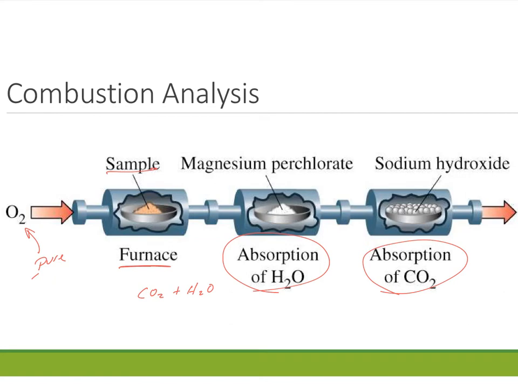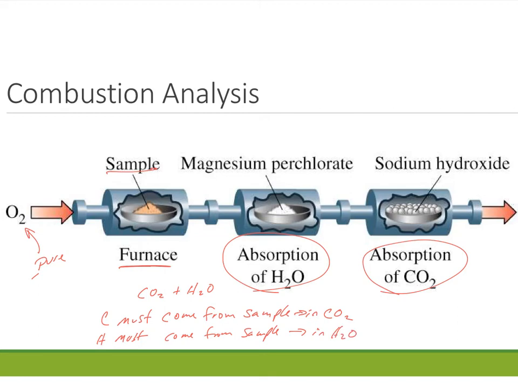Now, all of the carbon must have come from the sample. And all of that carbon is now in the CO2. All of the hydrogen must come from the sample, and that's now in the water.